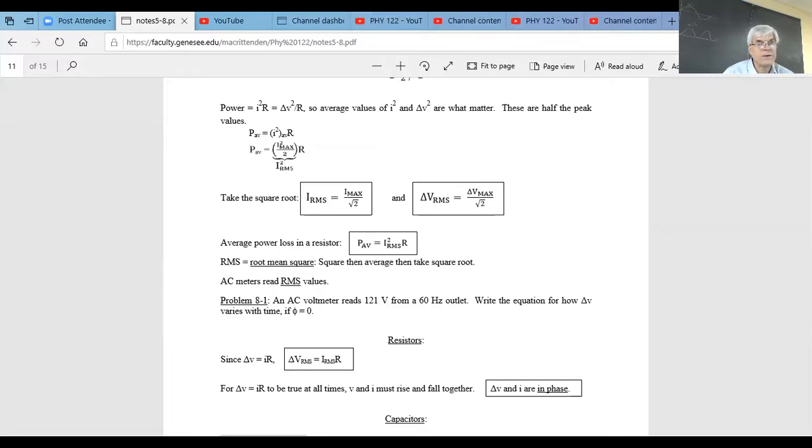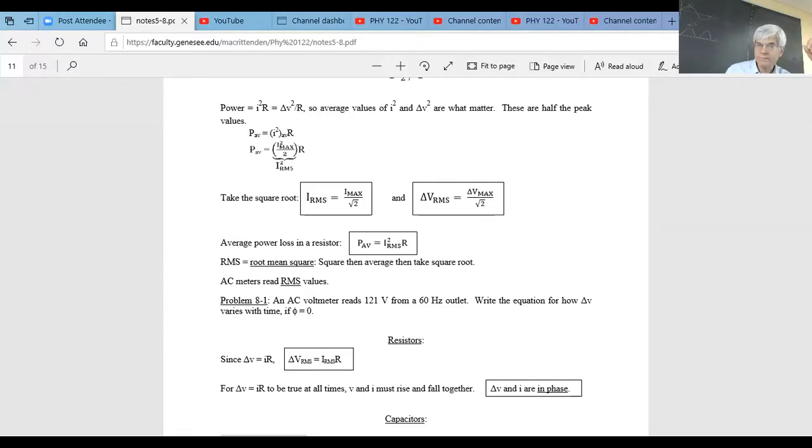This is something people have attended to. You go into a physics book and there's a lot of stuff about the maximum voltage or the maximum current because they draw a lot of graphs, and the amplitude, the maximum, is easy to read off of a graph.